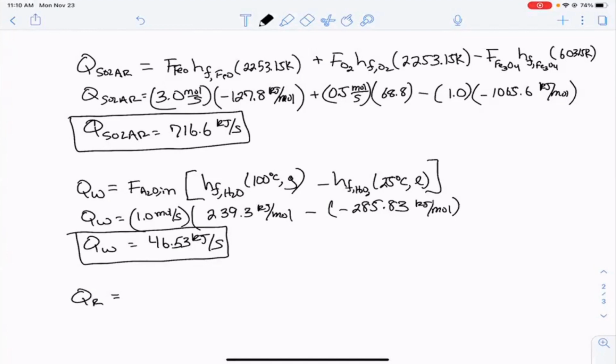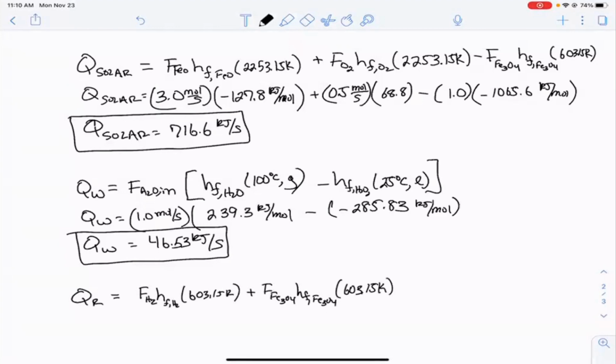And so if we think about it this way, then we have the flow rate of hydrogen times the heat of formation of hydrogen at the lower temperature, right, plus the flow rate of Fe3O4 times the heat of formation of Fe3O4 at the lower temperature.